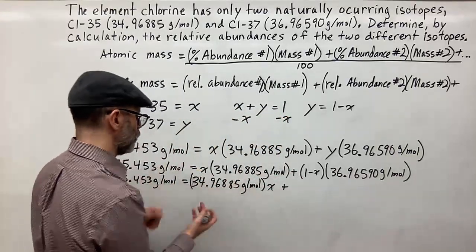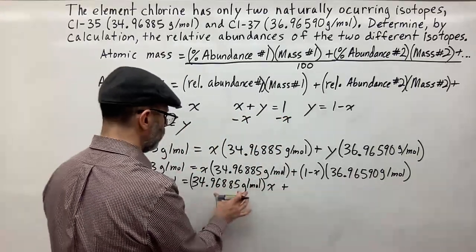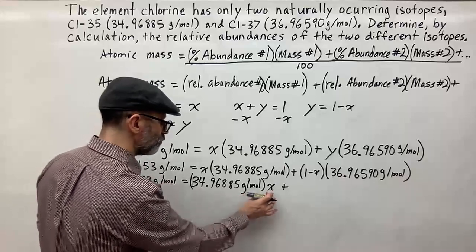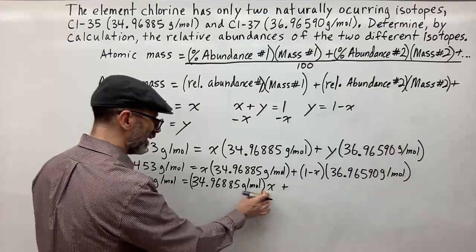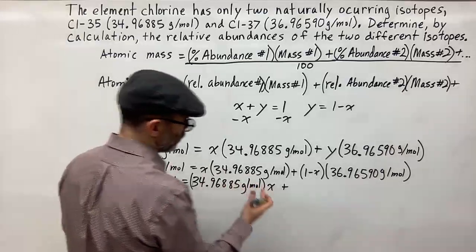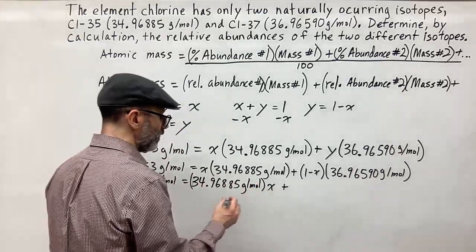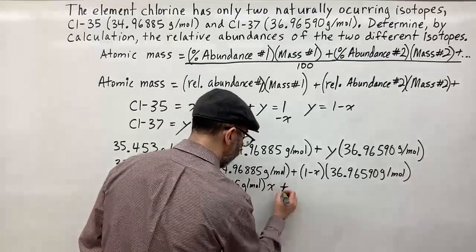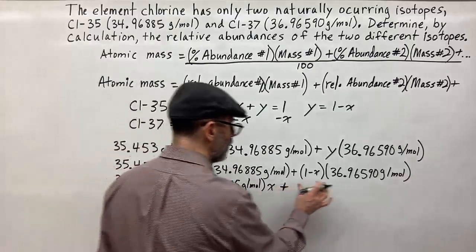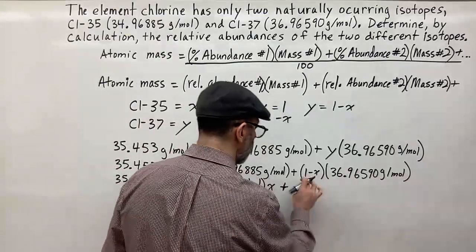I didn't really need to do that, but normally the numbers go in front of the variable. So I'm just changing it to fit that form. And then this is multiplied by 1.